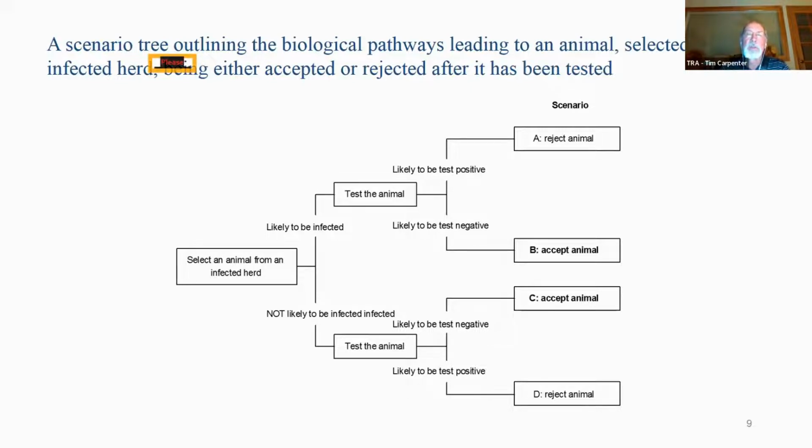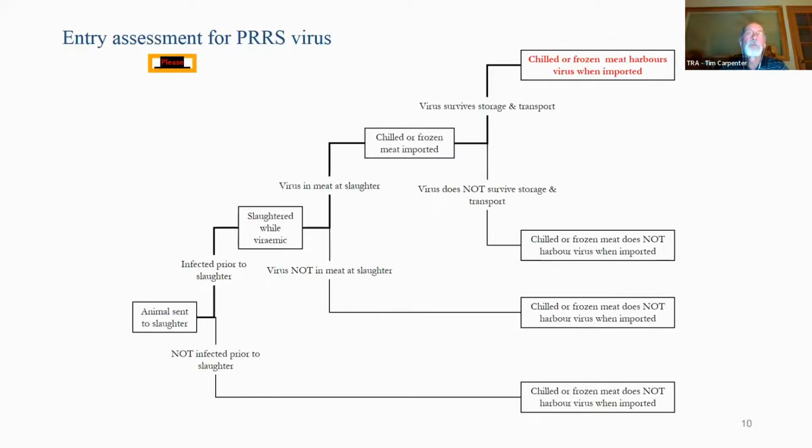All right, let's move on to our first example with PRRS. Here we're going to be looking at an animal sent to slaughter, and it is not going to be intact. Instead, it's going to be processed and exported either as chilled or frozen meat.